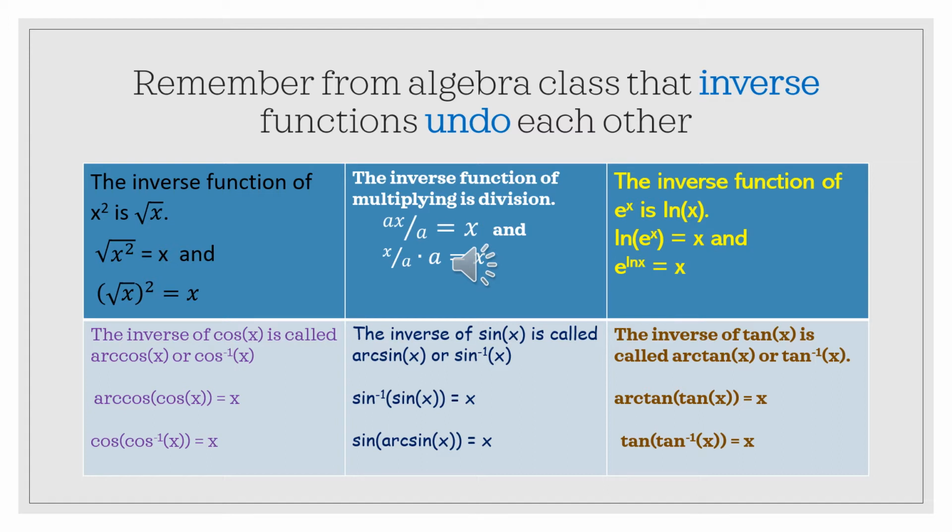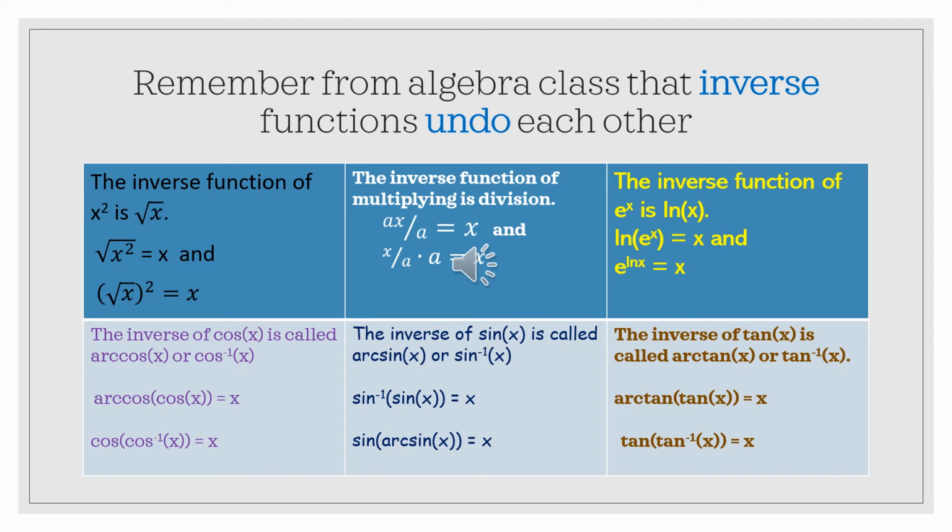So really, you have to think about the idea of inverse functions. The notation is just some notation that we had to come up with because we need to communicate with some sort of language. So for the trig functions, we have cosine, sine, and tangent. Those are the three functions we're going to focus on.